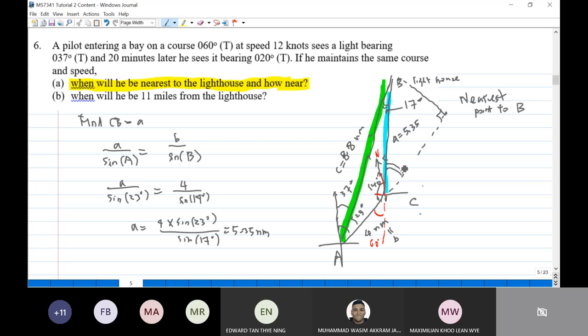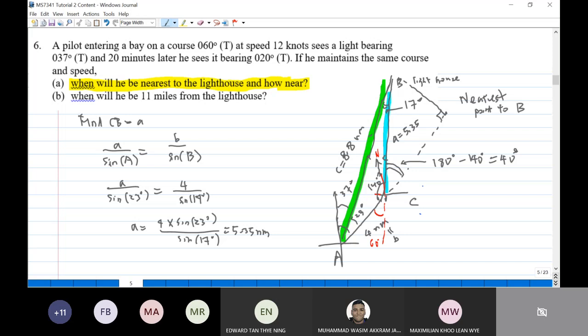So the angle left is 180 minus 140, which is 40 degree. So this angle is 40 degree because this will help you to find out what is the nearer distance.